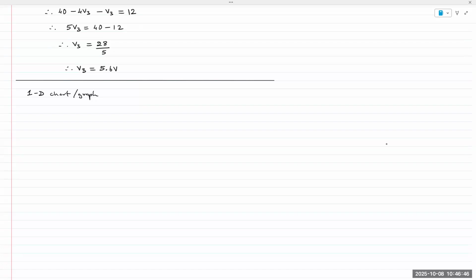So I'm just going to draw a horizontal line. This is node 2. Node 2 is my reference point at 0 volts. What is the value of node 1? 10 volts. That means node 1 is 10 volts above node 2.